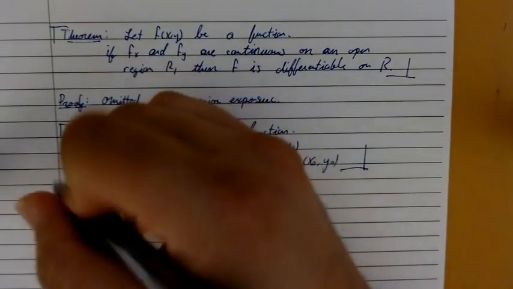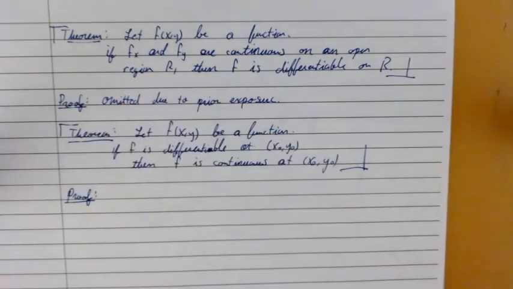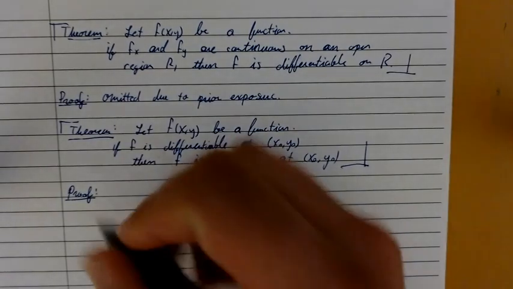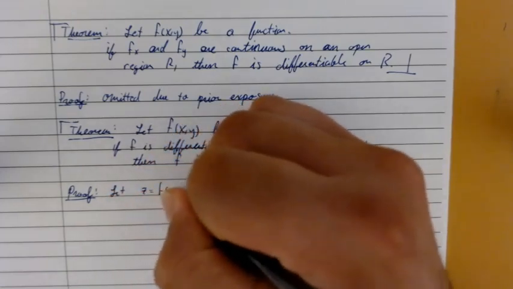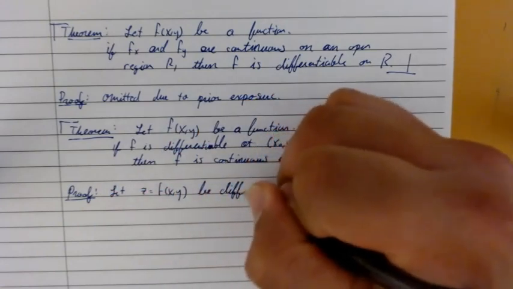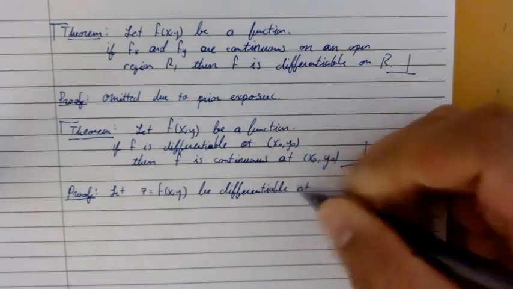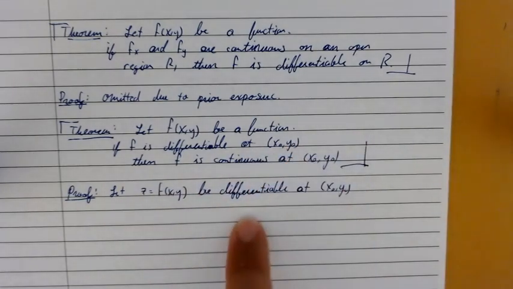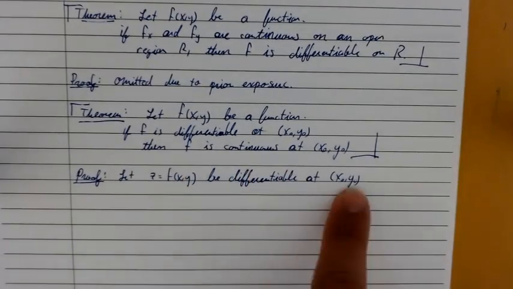So let's consider the proof of this. Let's start off with the assumption of differentiability. Let z equal f of x comma y be differentiable at the point x naught comma y naught. So we're starting off with the assumption of differentiability, and we want to confirm that that implies continuity at that point.